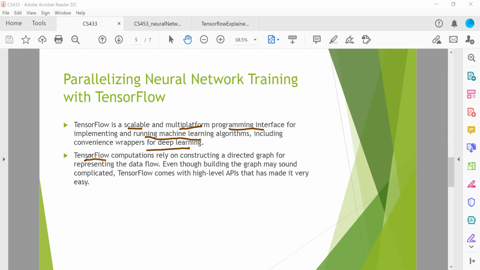And the key point of TensorFlow is that it relies on a directed graph to represent data flow.